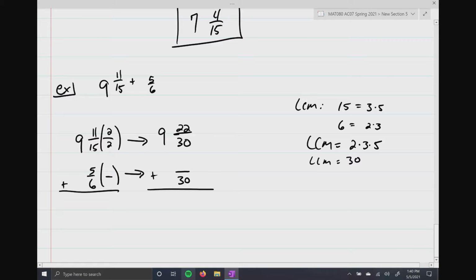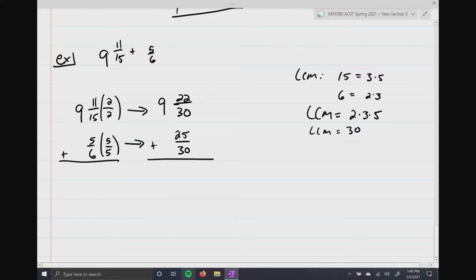So that's going to give me 9 and 22 over 30. The bottom fraction, I need to multiply by 5 over 5. So that's going to give me 25 over 30. Now, denominators are the same. So I'm going to go ahead and add. I get 22 plus 25, which is 47 over 30.